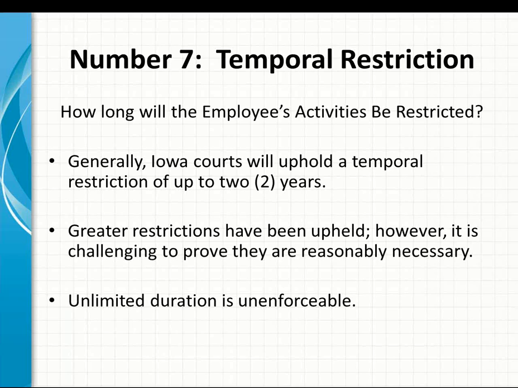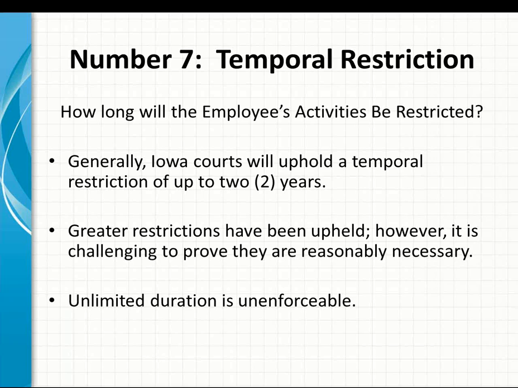Courts will also look at the geographic restriction and the temporal restriction together and focus on whether there's a balance. So, for example, if the geographic restriction is extremely narrow, let's say 10 miles, but the duration is 3 years, the court may uphold that restriction because there's a good balance between the geographic restriction and the temporal restriction.